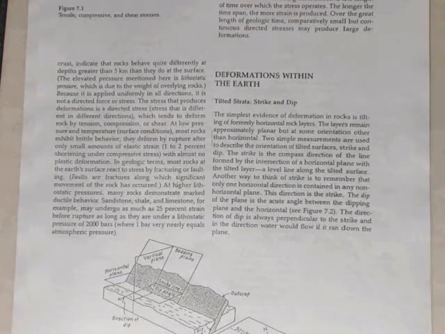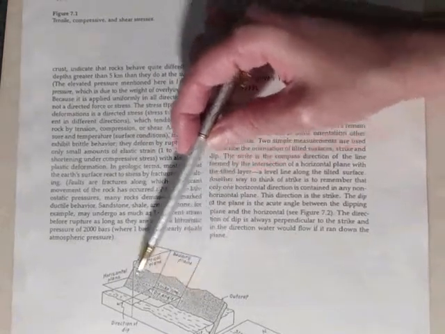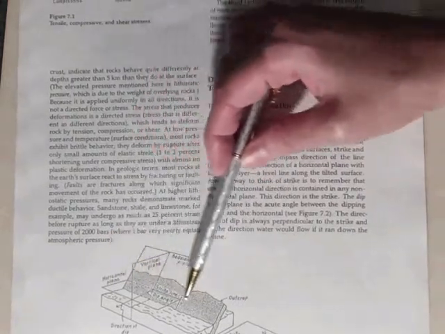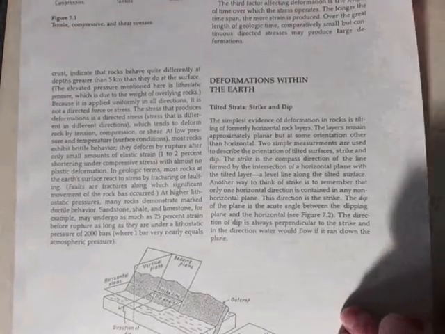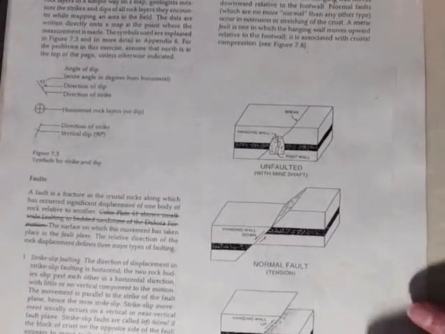Those exhibit a horizontal motion along the strike, that horizontal plane. So one's called a dip-slip fault and the other's called a strike-slip fault. We do have some pictures that go with that, on page 3.